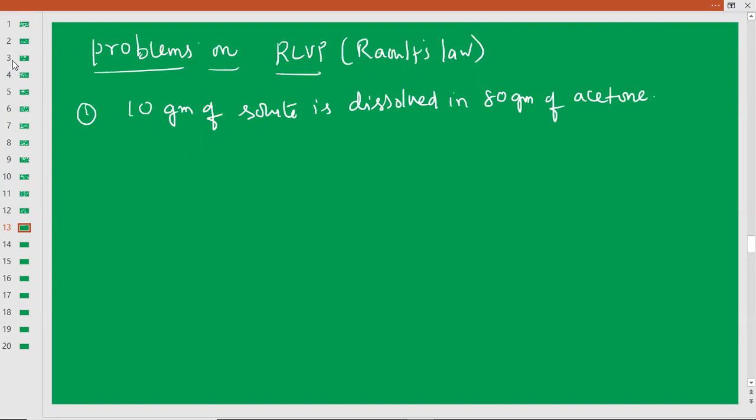That is the experiment. In this they are telling the vapor pressure of this solution is given as 271 millimeter of Hg.